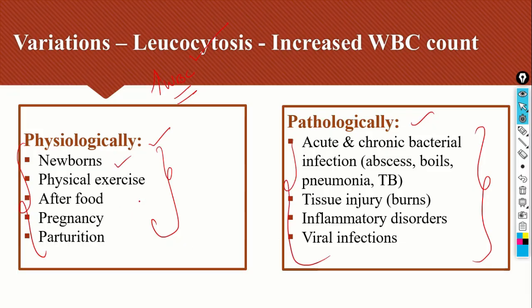Physiologically: newborns, physical exercise, after food, pregnancy and parturition. At least two conditions physiologically you can remember. Pathologically, acute and chronic bacterial infection, tissue injury like burns where there is a loss of plasma, and also inflammatory disorders and viral infections.